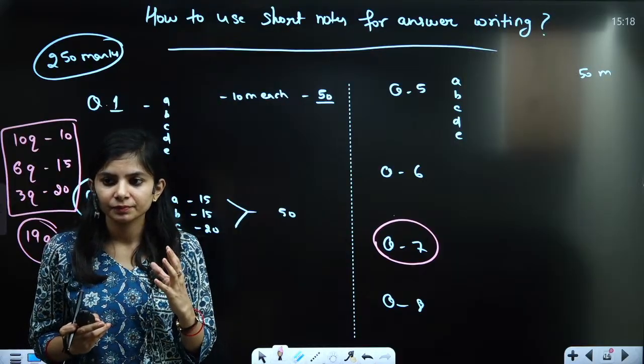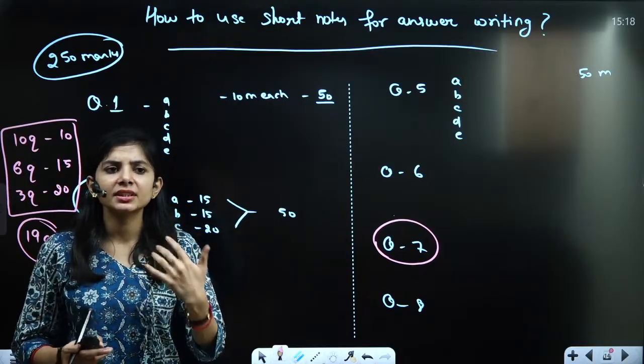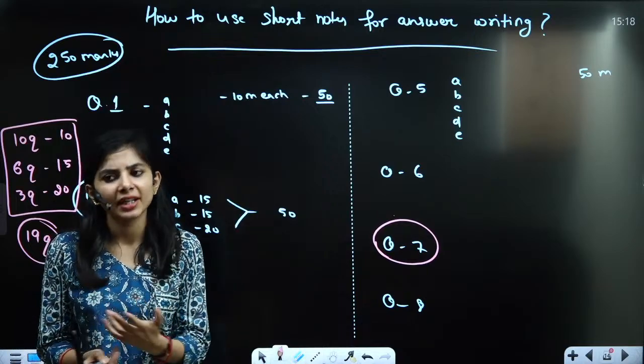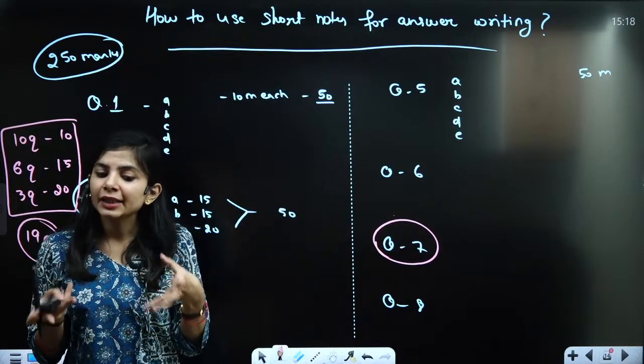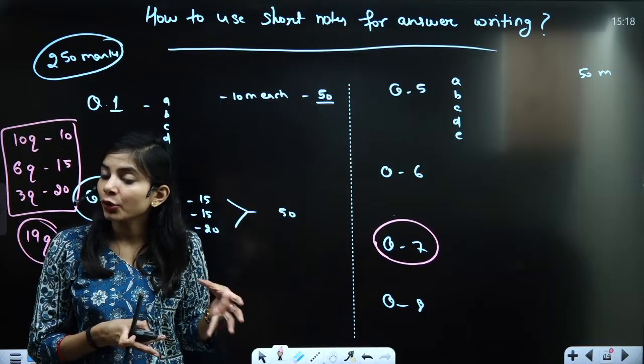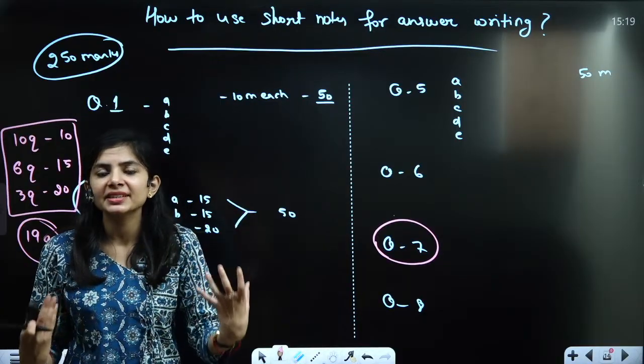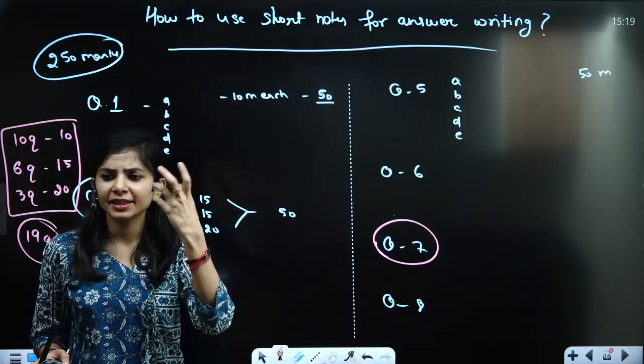answer writing. For prelims, let us suppose you are studying polity or geography or anything, you need to remember everything. You don't have any choice, because UPSC is like an ocean. They can ask anything from anywhere.